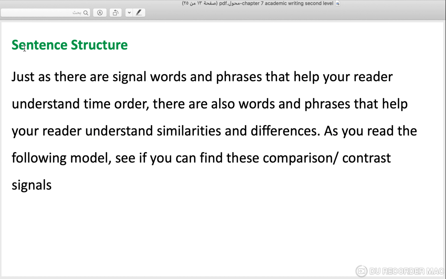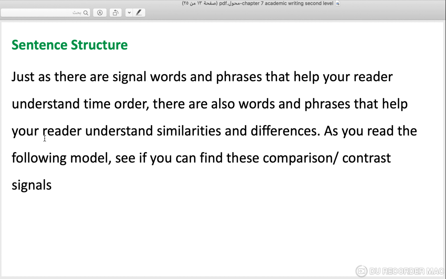Sentence structure. Just as there are signal words and phrases مثل ما خذينا بالمحاضرات السابقة that help your reader understand time order, there are also words and phrases that help your reader understand similarities and differences. مثل ما عندنا في المحاضرات السابقة أخذنا signal words or time orders words حتى تمشي الباراجراف مالتنا يمشي بالتسلسل وما يضيع القارئ. أيضا عندنا هنا نستخدم phrases حتى نخلي القارئ يفهم التشابهات والفروقات بالباراجراف مالتنا.